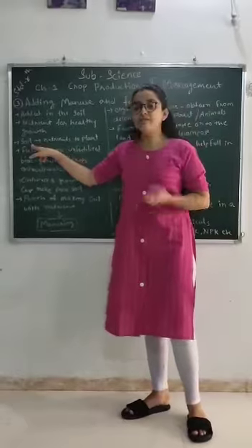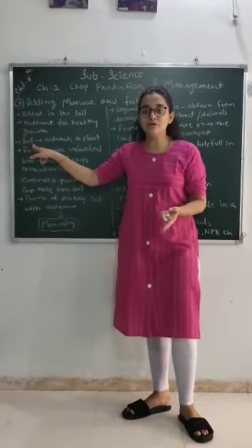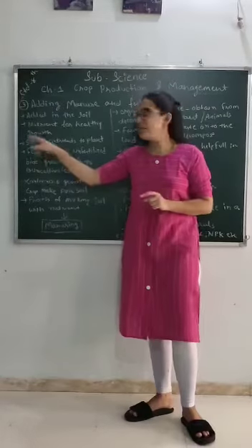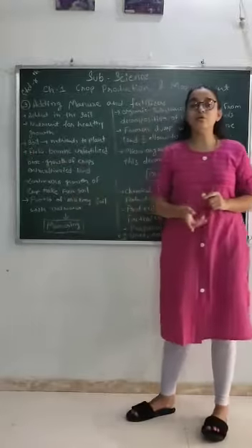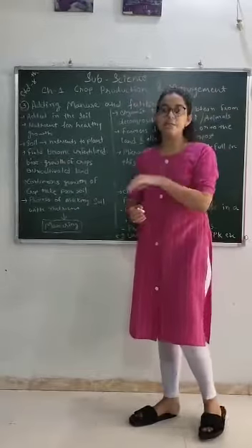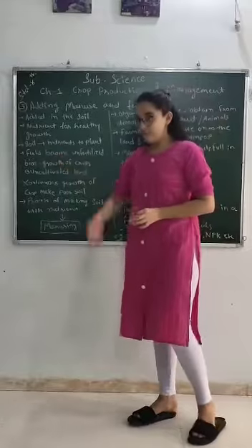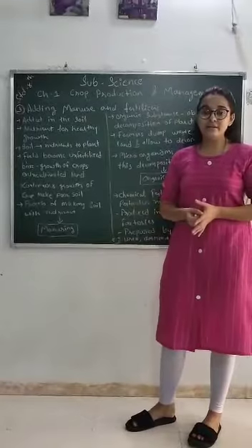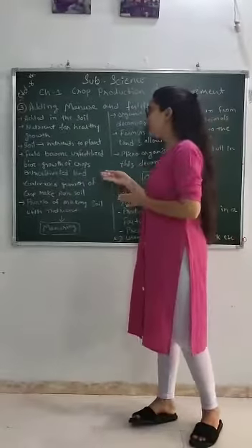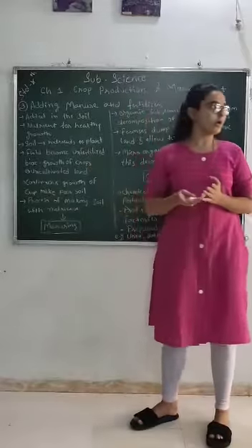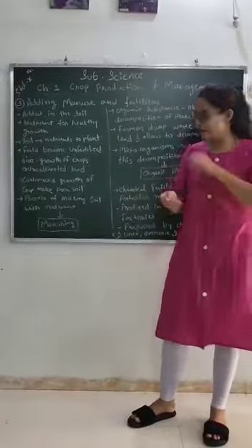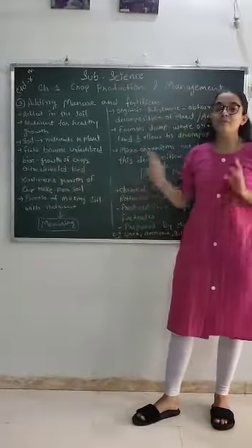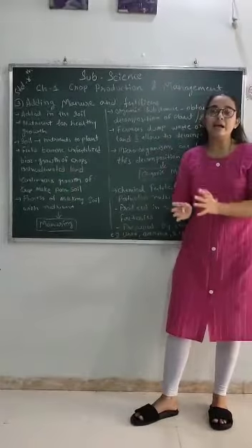Now, why are we adding manure into the soil? Because soil is a major source of nutrients for the plants. If we add it to the soil, then and only then will all the nutrition be taken up by the plants. When we rigorously grow crops, at the end of the process the field becomes unfertilized. That we call unfertilized land.